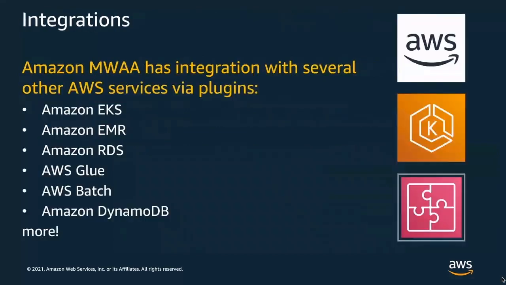The last thing I want to touch upon, going back to the topic around plugins, is that there's a lot of plugins in the community today that allow you to interface Airflow with various AWS services. It's about a dozen or so different services, I think, that have plugins. Some of the most popular ones are Amazon EMR, Elastic MapReduce, Amazon EKS, or Elastic Kubernetes Service, RDS, or Relational Database Service, Glue, Batch, DynamoDB, all the places where typically customers would store data, we need to pull data out of, or we need to run or execute tasks as part of a workflow.